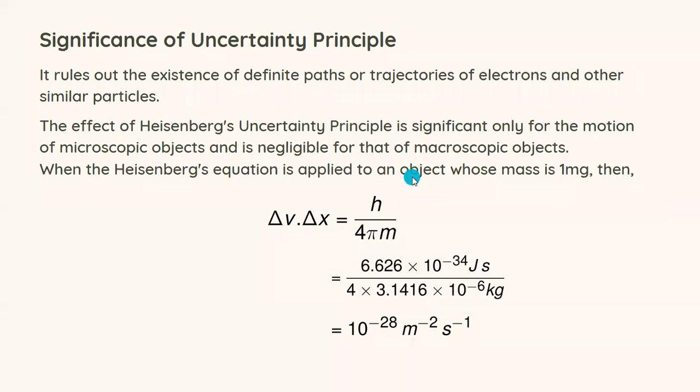There are two main significances of Heisenberg's uncertainty principle. First, it rules out the existence of definite paths or trajectories of electrons and other similar particles. You can say that an object has a particular path if you can see its velocity as well as location at various moments.